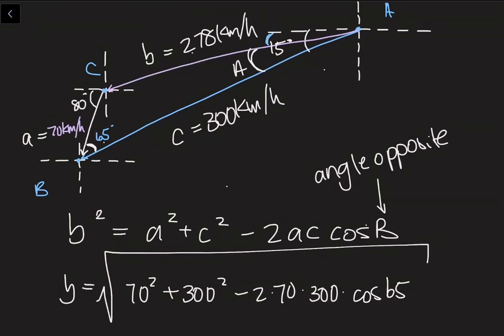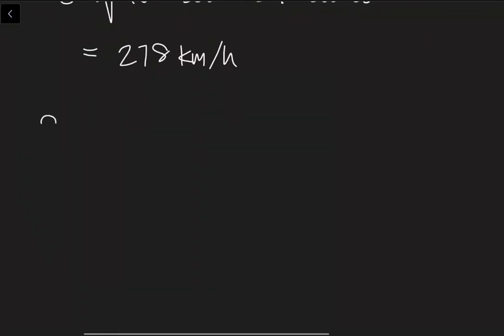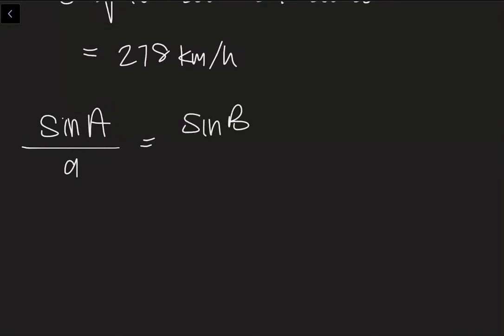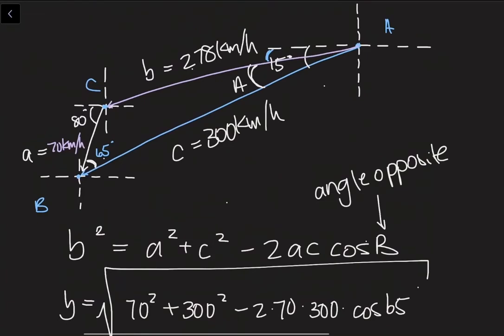We will have sine A over A, which is the side that's opposite to it, equals sine B over B, which is the side opposite to that. So sine A, we don't know what angle A is, but we do know the side that is opposite to it right here.